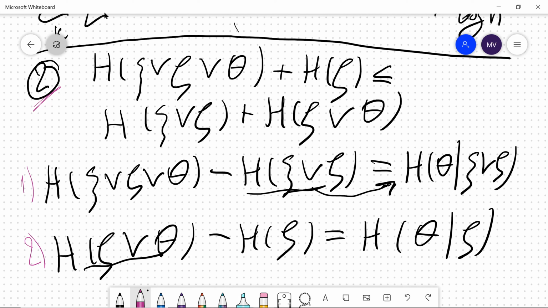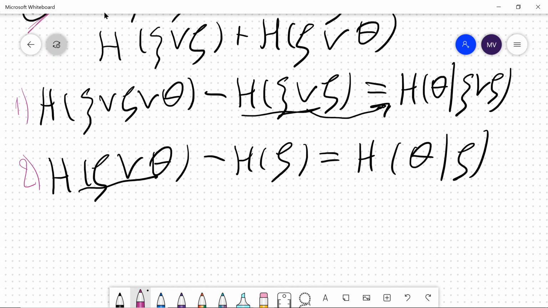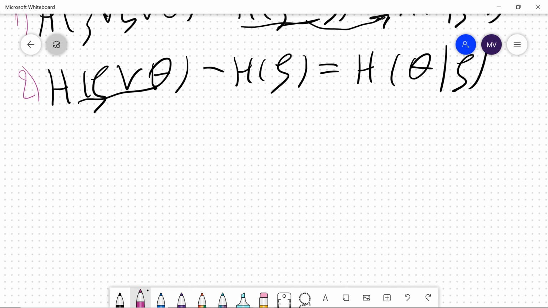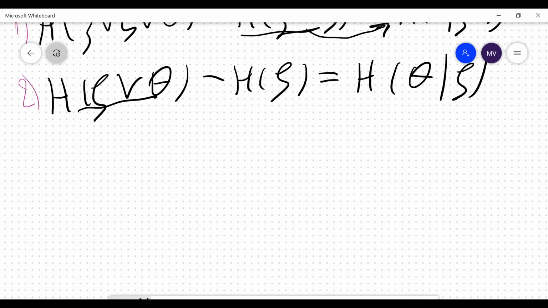So now we have to move to the third inequality, and probably we'll stop there. We'll prove the third property of entropy of measurable partitions, and here we will stop our lecture for today.